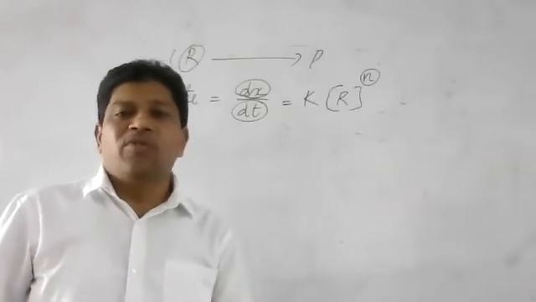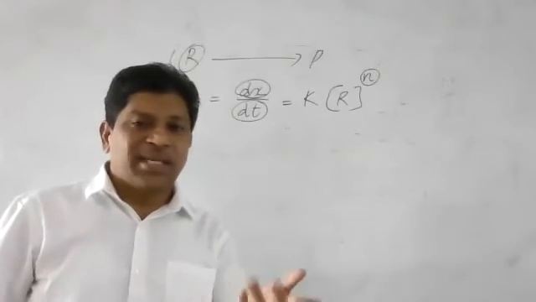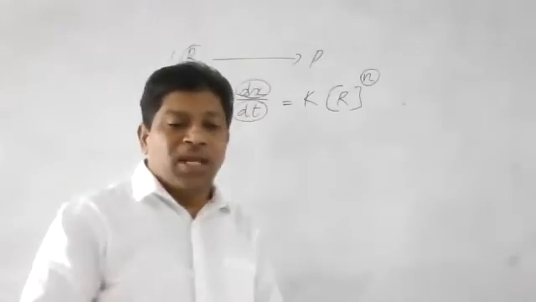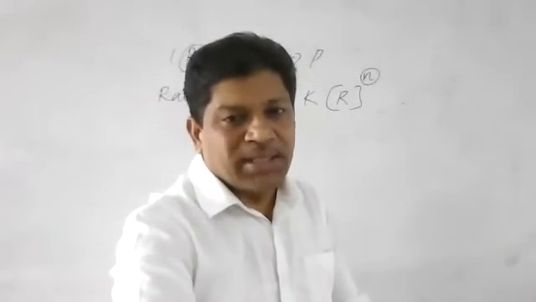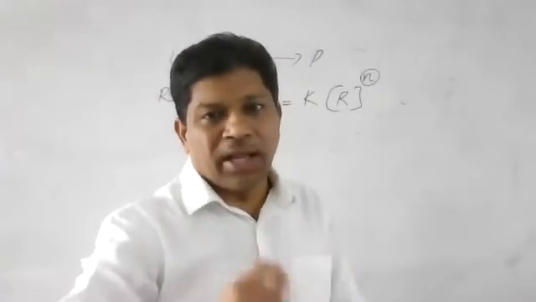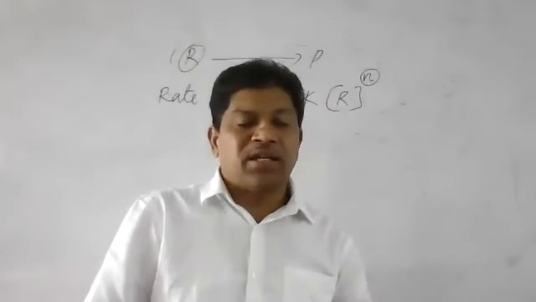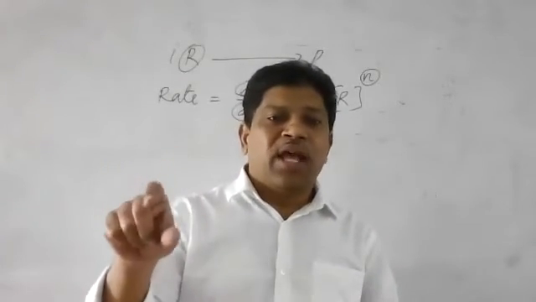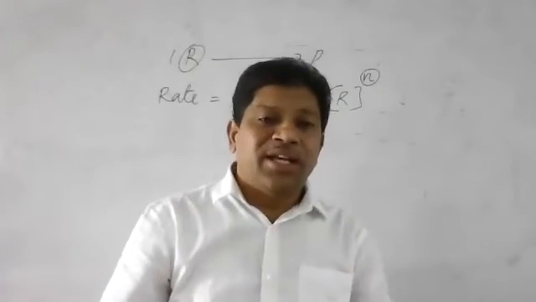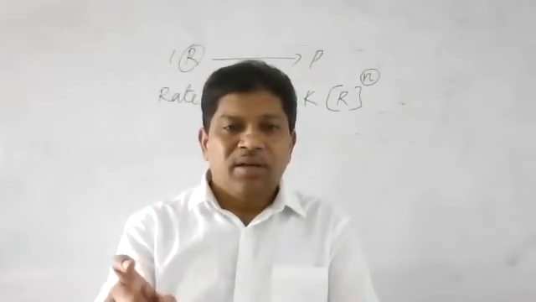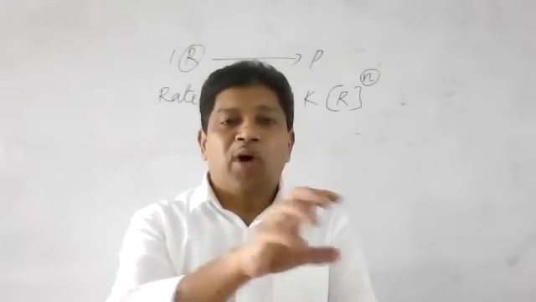One more thing to understand: in the previous example, we got M1 plus M2 plus M3 as the molecularity and X plus Y plus Z as the order of reaction. When does the order of reaction become equal to the molecularity?